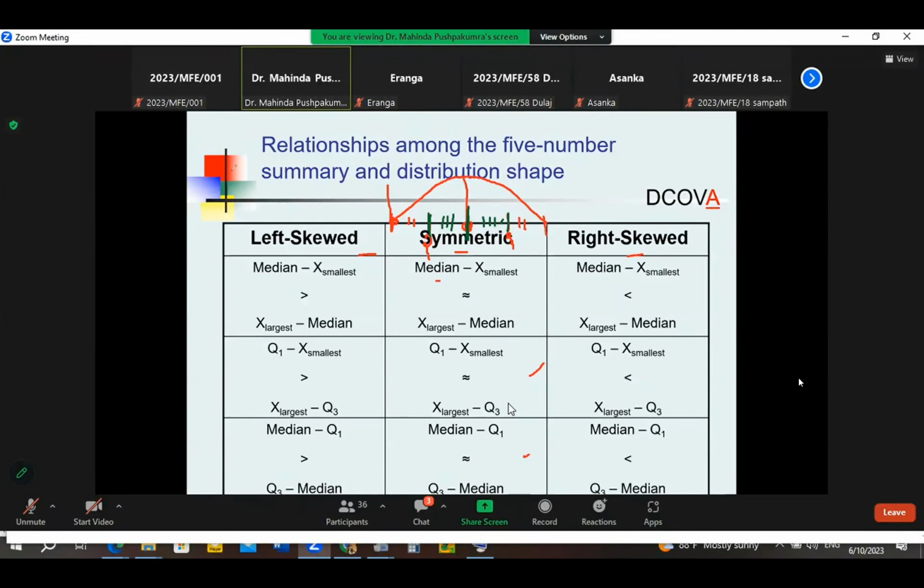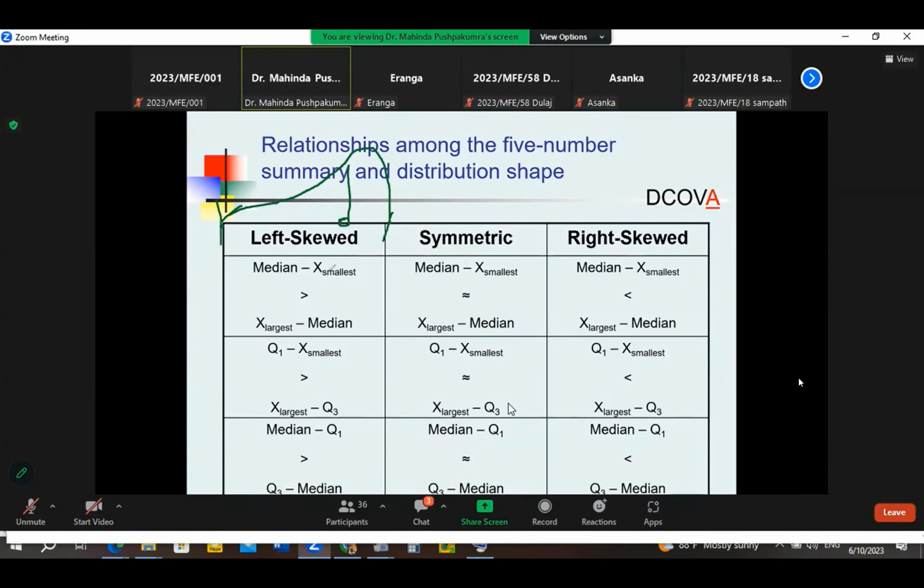Then you can understand the situation of left skew. It is something like this. Left skew. This is the minimum, this is the maximum. Where is the median? It should be somewhere here, because we should have 50% of observations on this side and this side.